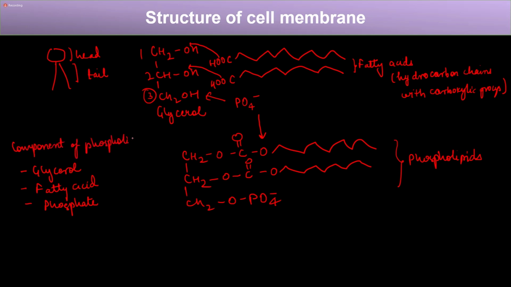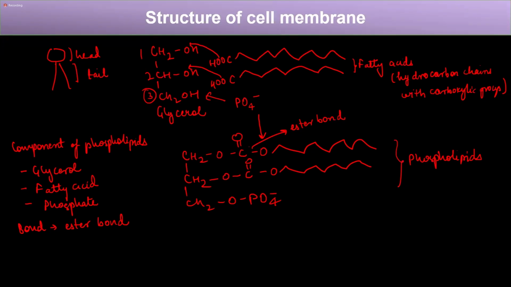Now the second thing, what bond is this? This bond is called an ester bond. So the bond present in a phospholipid is an ester bond. So now we understood the structure of a cell membrane. The structure of a cell membrane comprises phospholipid. The phospholipid itself is made up of glycerol, fatty acid, and a phosphate by the formation of an ester bond.